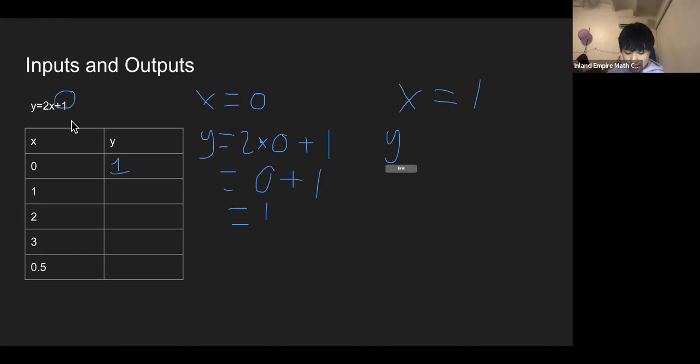So we would get y equals 2 times 1 plus 1. And what is 2 times 1 plus 1? So Jasper says 3, and so does Lloyd. Yeah, which is correct. 2 times 1 equals 2, 2 plus 1 equals 3, and what we get is 3.